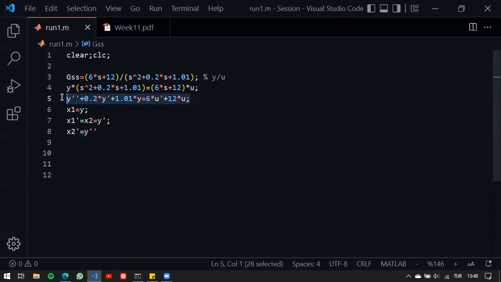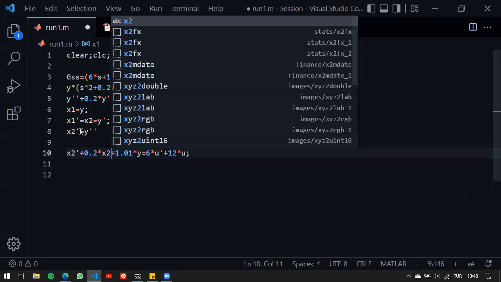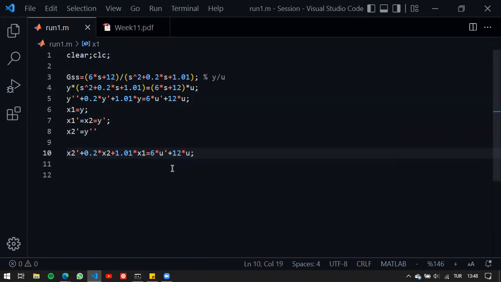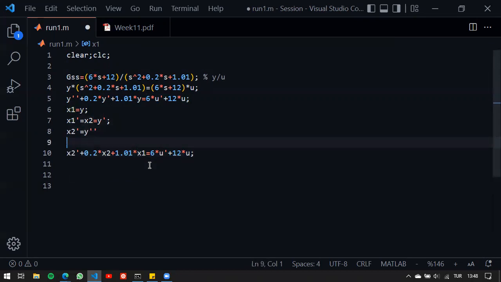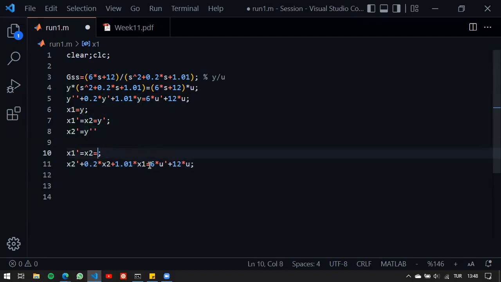But if I use this equation here and plug in x2 derivative into y double derivative, x2 into this one, x1 into this one, I have a slight issue here, because you can see that our model would look like this. Let me also take this one here. So we have basically this here, and let's move them to the right-hand side.